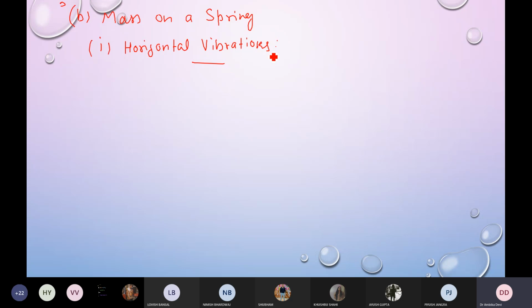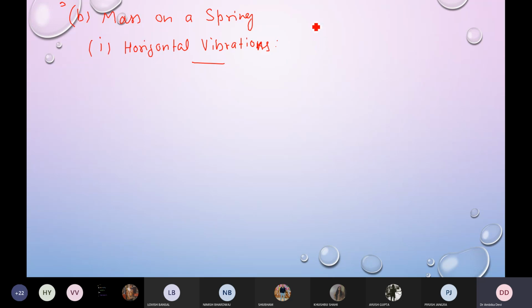In this kind of arrangement, the system consists of a massless spring, one end of which is connected to a mass m, while the other end of the spring is connected to a fixed point.